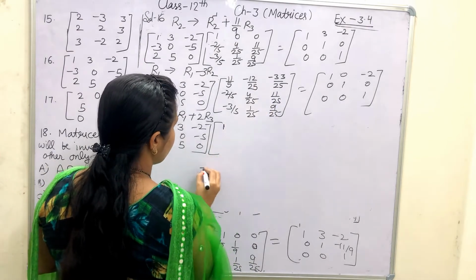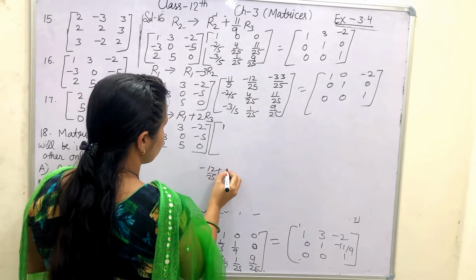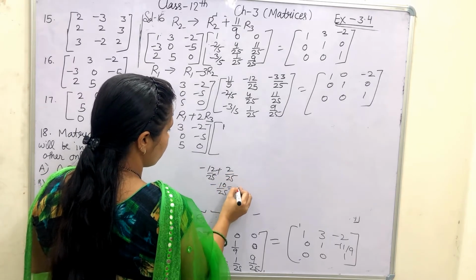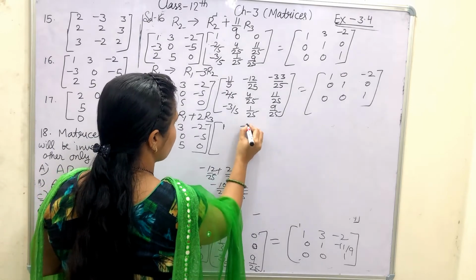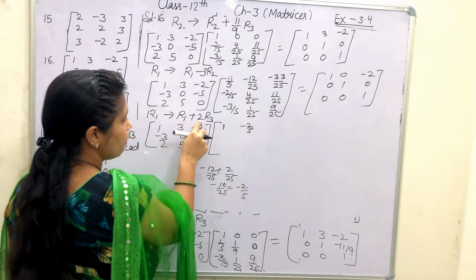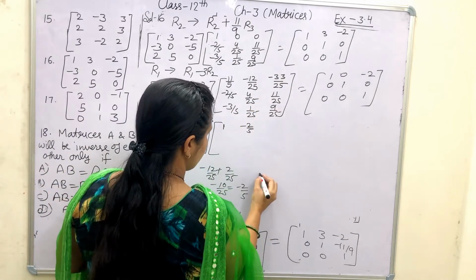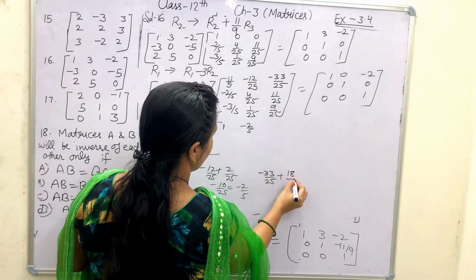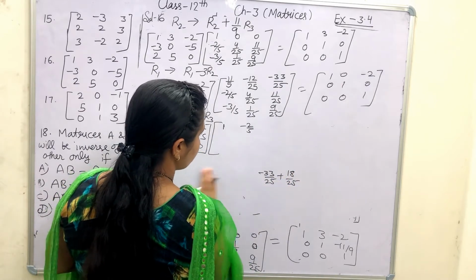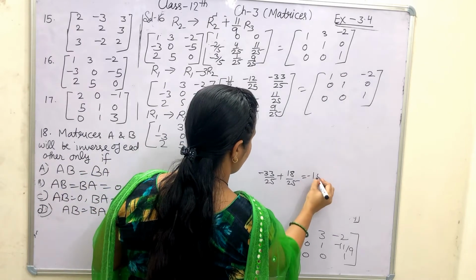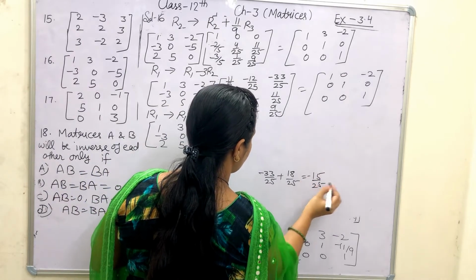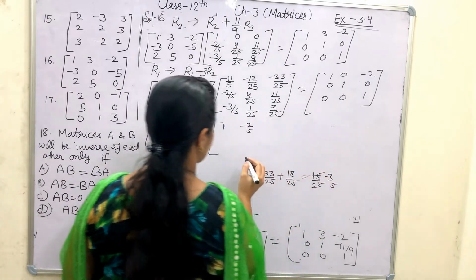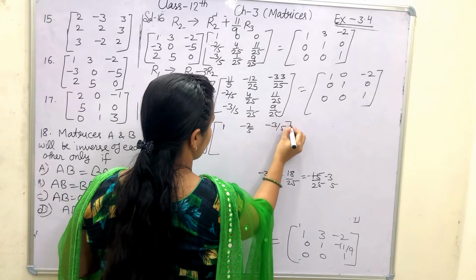Next is minus 12 by 25 and plus 2 by 25. So we get minus 10 by 25. So here we get minus 2 by 5. We are applying on R1 plus 2 R3. Minus 33 by 25 plus 18 by 25. Here we get minus 15 by 25. So we get 3 by 5 negative. Minus 3 by 5.